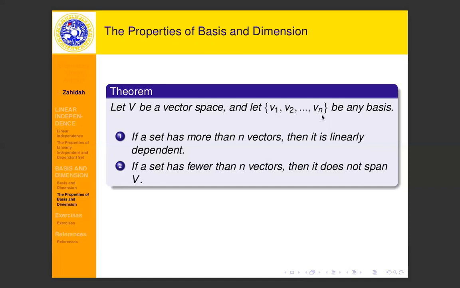So if we have more than n vectors, then the set is linearly dependent. If a set has fewer than n vectors, then it doesn't span the vector space.